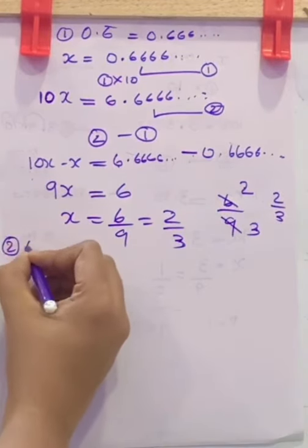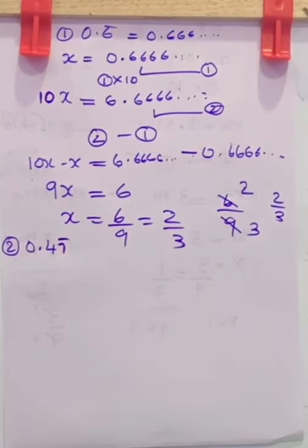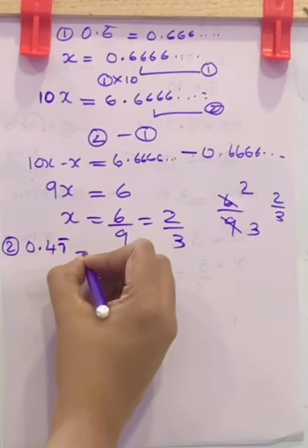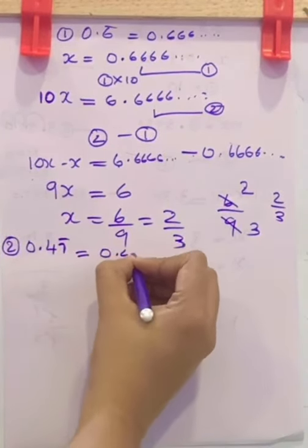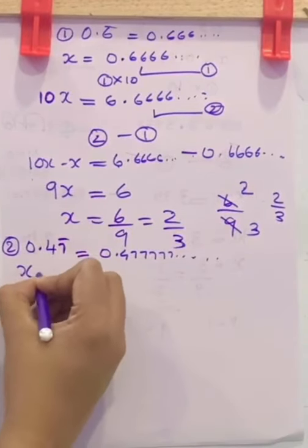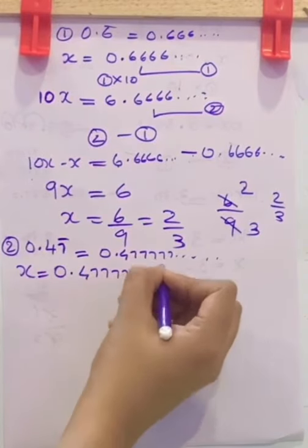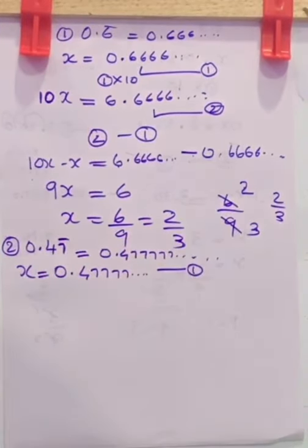Question 2. 0.47 bar. Here only 7 is repeating. So first you want to rewrite it as 0.47777 etc. Now let x be equal to this 0.4777 etc. Name it as equation 1.